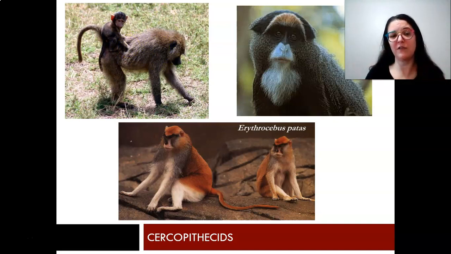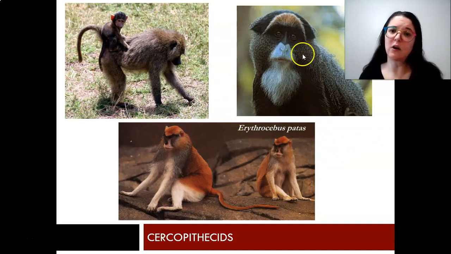When it's large enough, it moves from the mother's chest where it clings into the fur onto her back, where it can ride, and then it can hop down, examine what the mother is doing in terms of foraging for food resources, and then climb back onto her back as they're moving with the group to keep up with it.